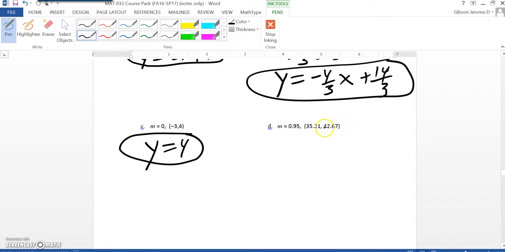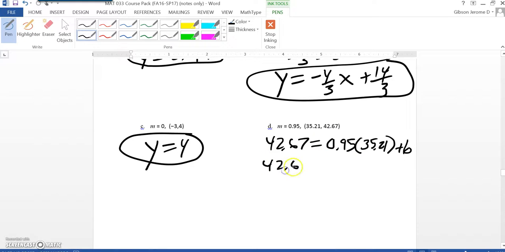Now we come here to D. Now we substitute. Our y value is 42.67, and that's equal to the slope, which is 0.95, times x, which is 35.21, and then plus b. Now, when we multiply, we could actually do this.